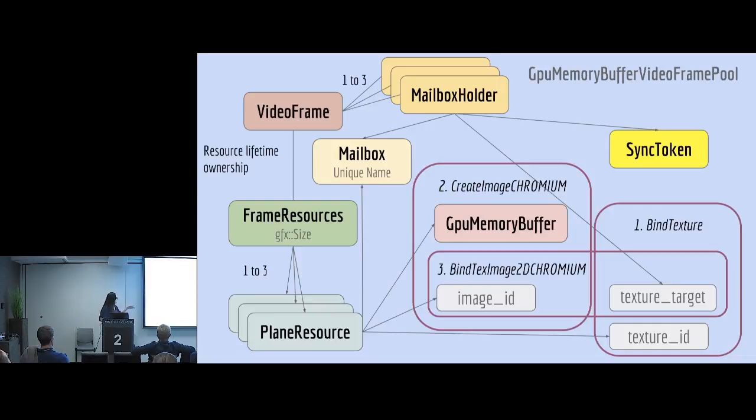And you can see that here. Basically, you have a regular bind texture that you see on the right, and then you have this create image Chromium in the middle, and then you have this bind tex image 2D Chromium. So they are not using out-of-the-box OpenGL ES2 either. They have their own extensions.